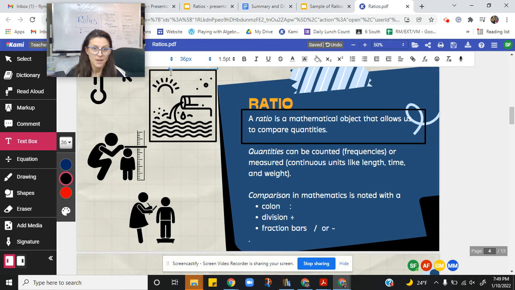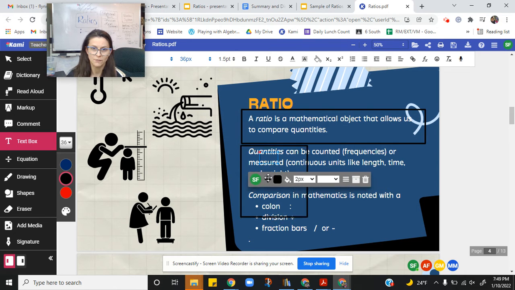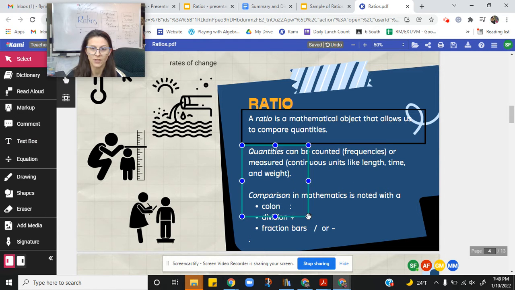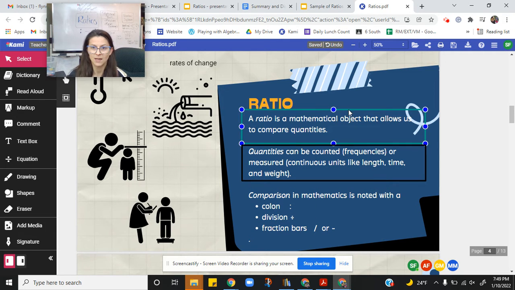Okay, so thinking about quantities, we use that word quantities as we define ratio. A ratio is a mathematical object that allows us to compare quantities. So if we have this word quantities in the definition, we want to make sure everyone agrees on what a quantity is. A quantity can be measured or counted.